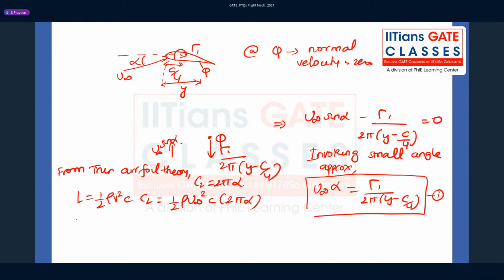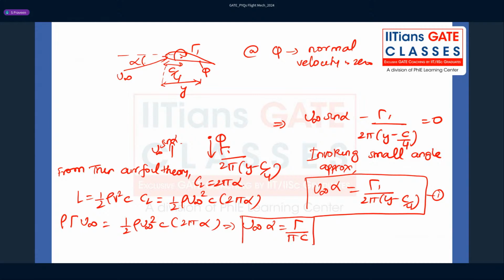But this lift is also equal to the Kutta-Joukowski theorem, which is rho capital gamma u infinity. You can equate these. If I simplify this, cancelling out the common terms on the left and right, I get the expression for u infinity alpha as capital gamma by pi times c.